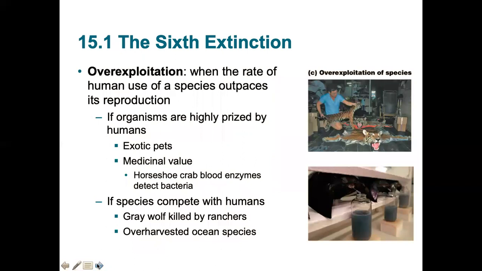Then there's over exploitation. This is probably one of the most human-centric reasons why animals are being wiped out. Whether it's the vanity of having an exotic pet or some sort of misplaced medicinal value, whatever that may be, or even just not understanding that there needs to be a balance and that we need to coexist with the other species within our ecosystem, like just killing wolves because wolves are scary.